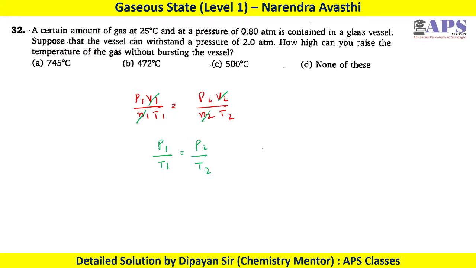Now according to the question we can write 0.8 divided by 298 equal to 2 by T, and from this we can calculate temperature as 745 Kelvin or 472 degrees centigrade. So option B will be the correct option.